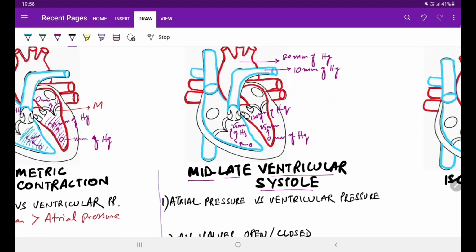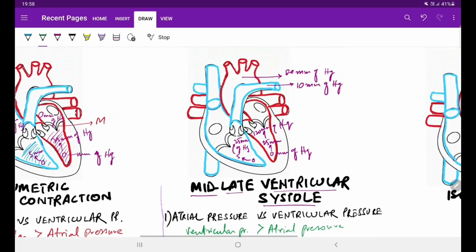In the first point, the ventricular pressure will be very huge as compared to the atrial pressure, and this increased ventricular pressure will not allow the mitral valve and the tricuspid valve to open.